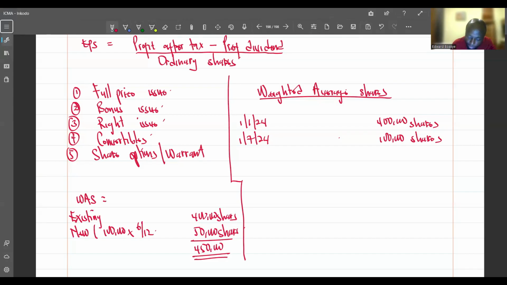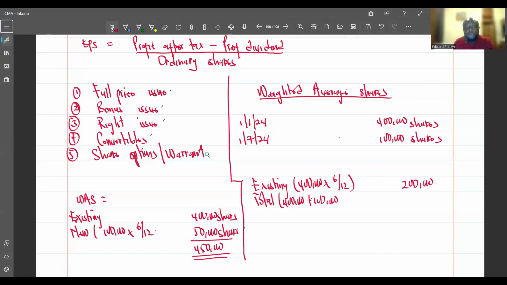Another way around that we can deal with this is the existing was there. We can say the existing was there for 6 months. So 400,000 times 6 over 12, giving us 200,000. Then the total, which will be the 400,000 plus the 100,000, we will only have 500,000 in the company for also 6 months.